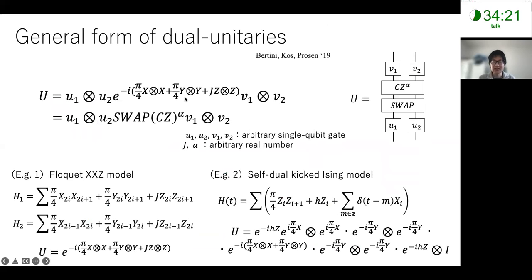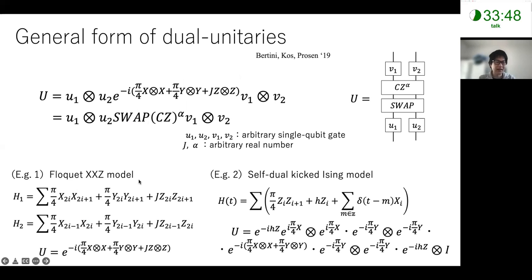And the general form of dual-unitary gates is known. They can be written like this, where U1, U2, V1, V2 are arbitrary single-qubit gates, and this term is an entangling gate. In circuit language, this is written like this. It consists of swap gates, CZ gates to the power of alpha, and arbitrary single-qubit gates.